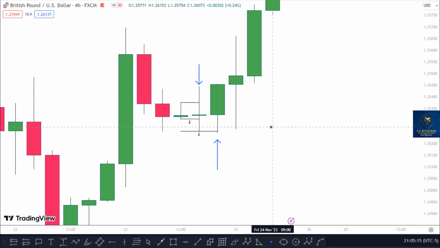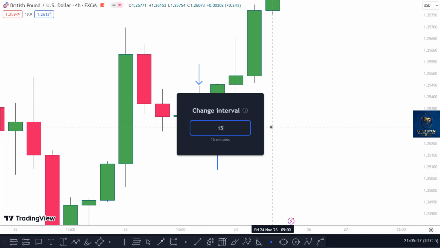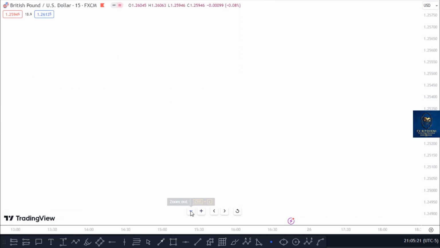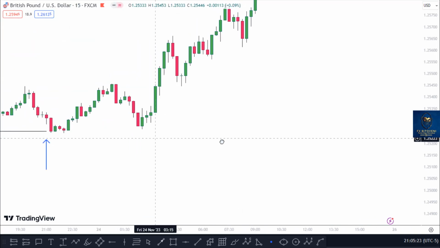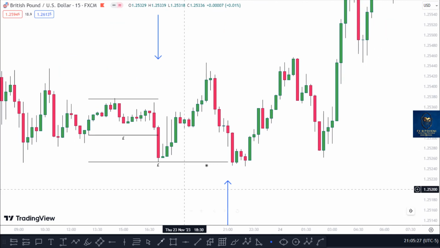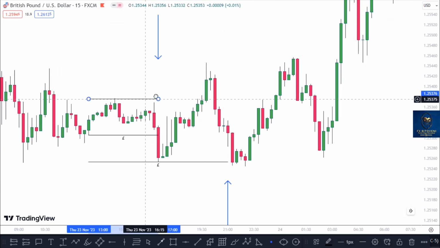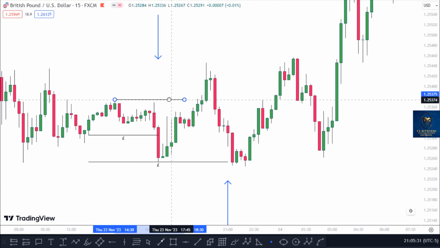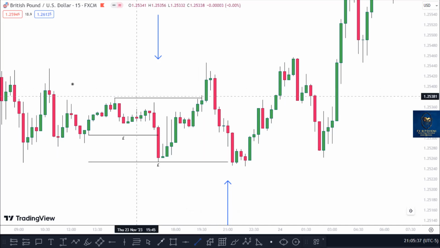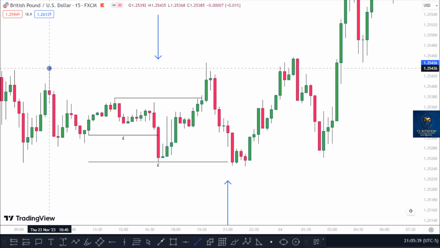So you go to a time frame like M15. You go to our time frame M15. So can you see our dealing range, guys? It has taken liquidity on both sides. It took liquidity here. It took another liquidity level here.